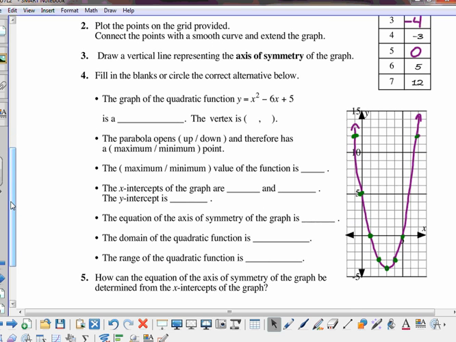Here? Yeah, it'll always go through the vertex. So this is where your highlighter is going to be really nice, because we want to draw a vertical line dashed all the way up. So that's called the axis of symmetry. That's where it's symmetrical on each side.